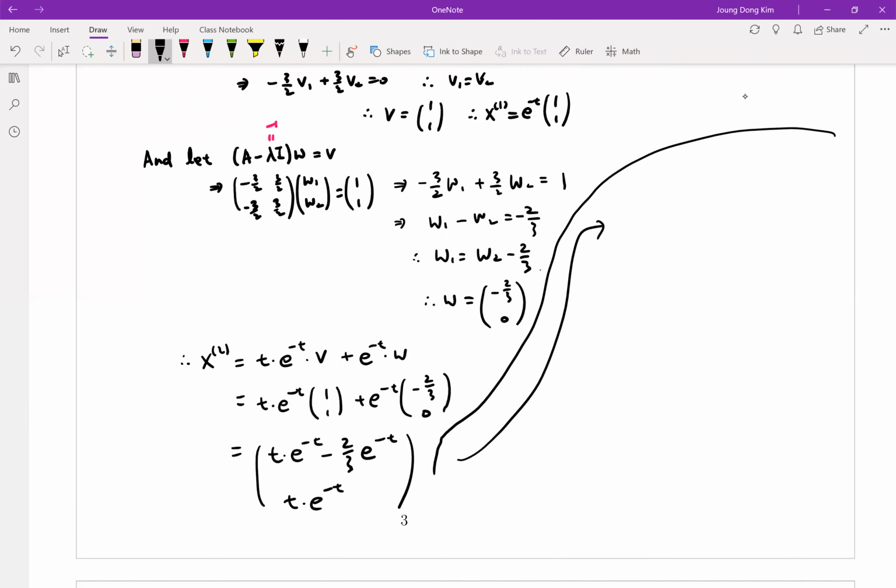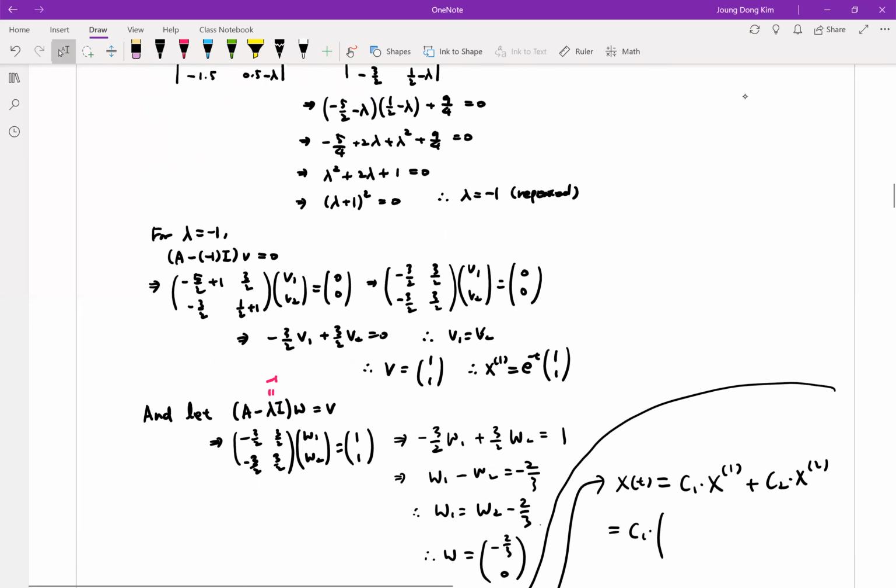So your x(t) will be equal to C1 times x1 plus C2 times x2. Let me combine this. Equal to C1 times x1, where was it?